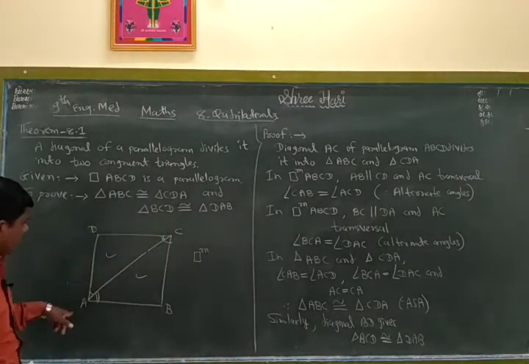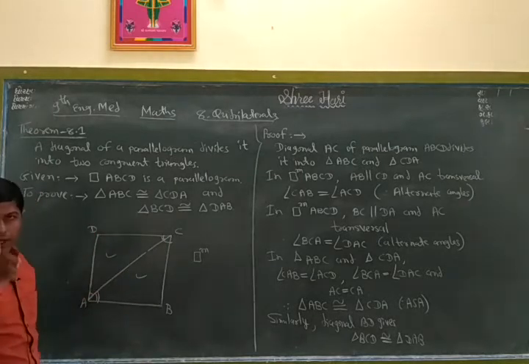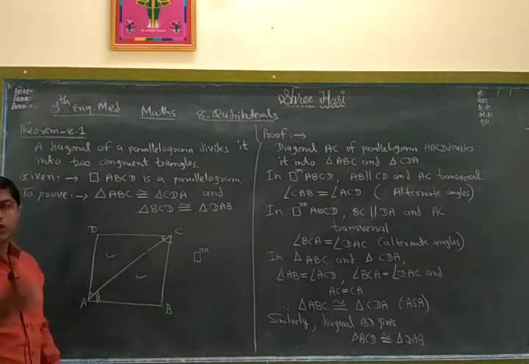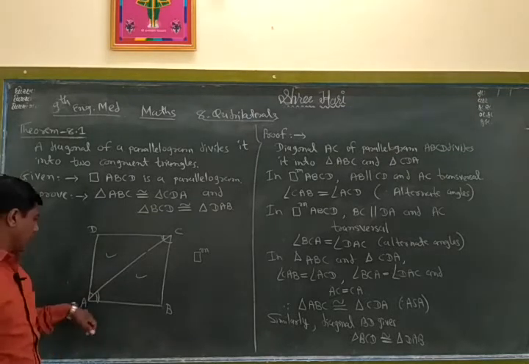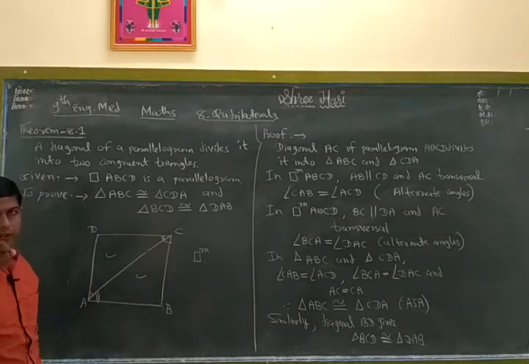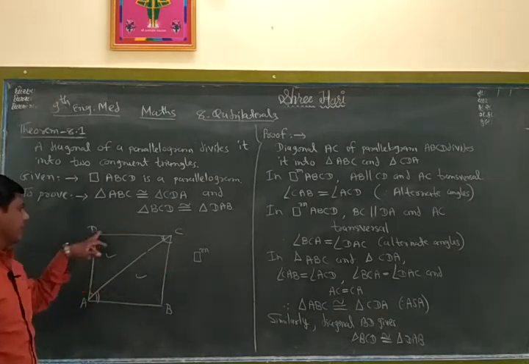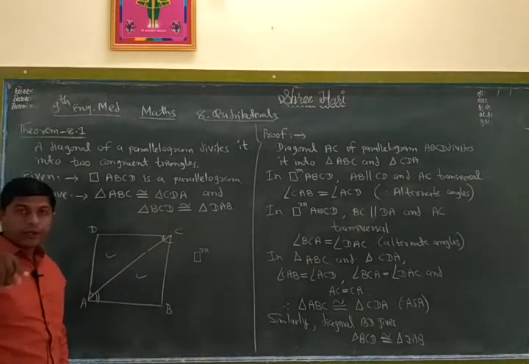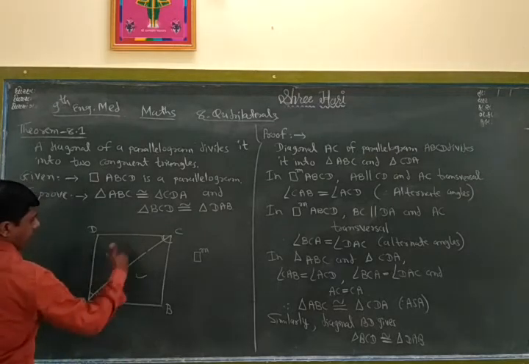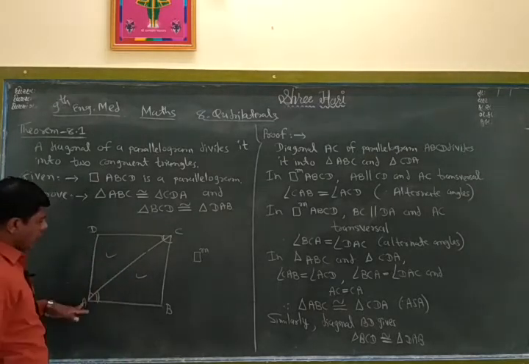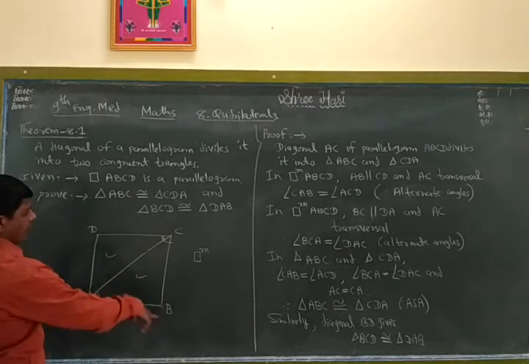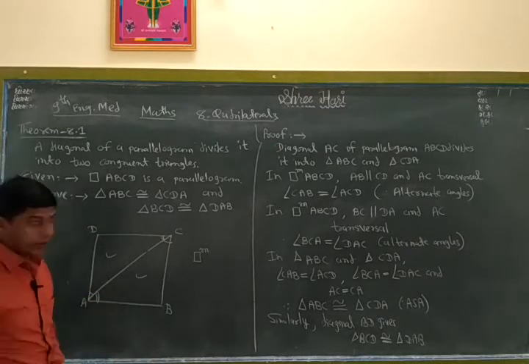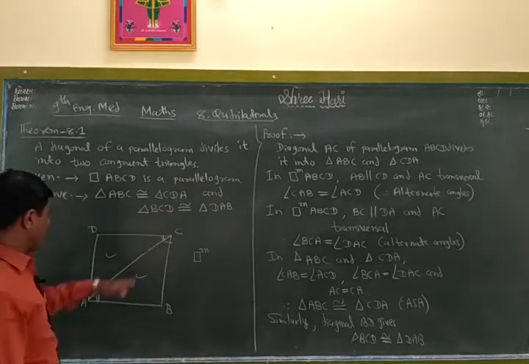If we take diagonal BD, we get two triangles, ABD and BCD, but we have taken diagonal AC first.